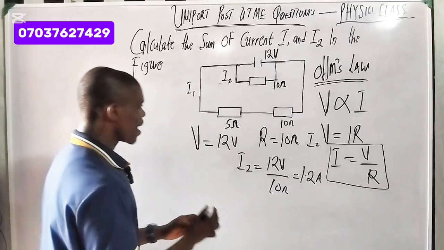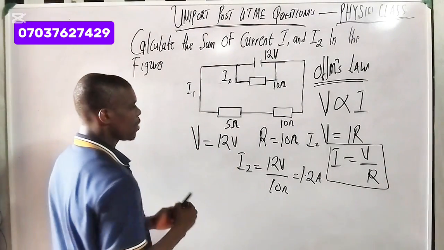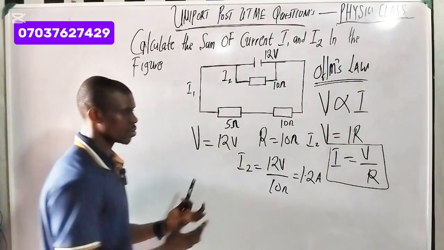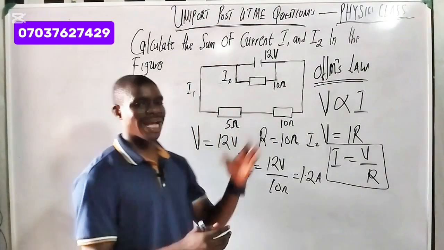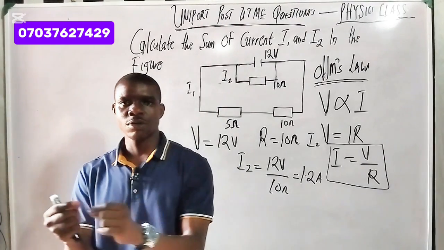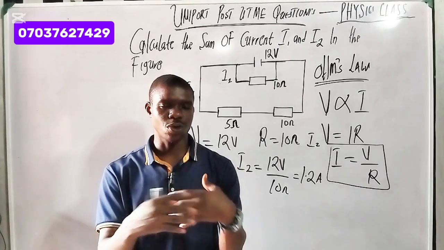Now, since we have our I2, let's get our I1. I1 is connected to two resistors, and the two resistors are connected in series. Remember, we have parallel connection and series connection of resistors, so we have different formulas to solve them.